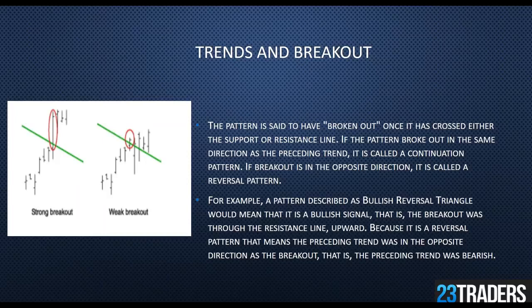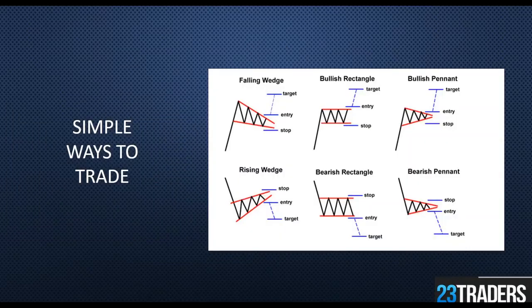If it breaks out and goes downward, or in the opposite direction of the trend, it is then considered a reversal pattern. So in other words, market's moving up, the breakout is up, continuation. Market is moving up, breakout is down, reversal. Same thing in the opposite direction if it's a downtrend moving into these.